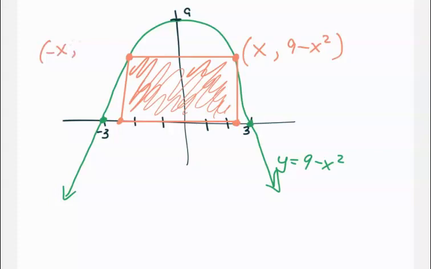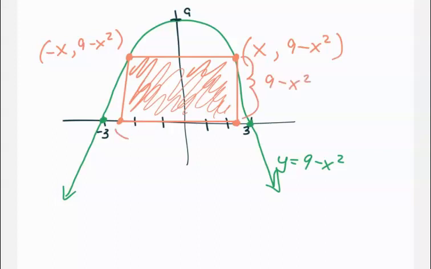If I put in negative x, I'll be at 9 minus negative x squared, but the squared cancels the negative anyways. Notice these 2 points have the same height. So this rectangle always has a height, the distance from here to here, of 9 minus x squared.